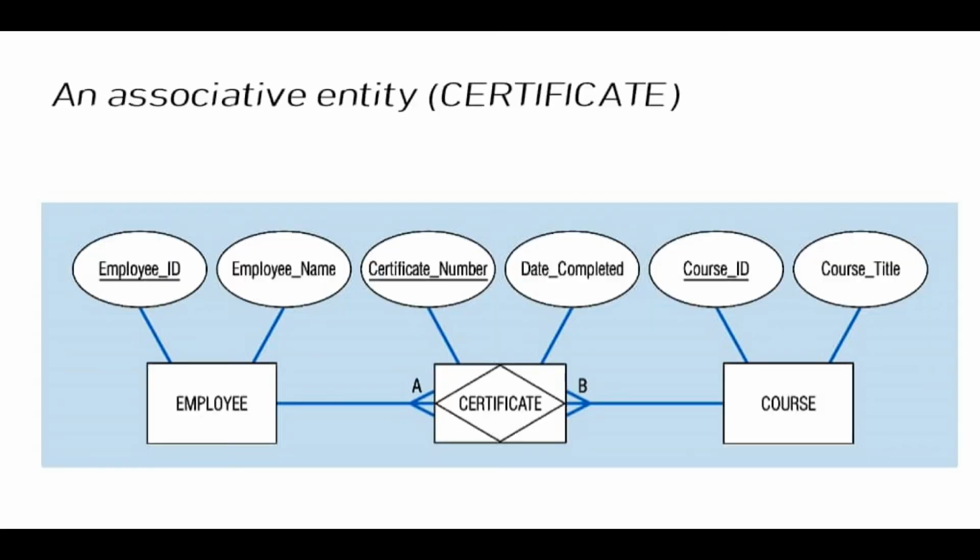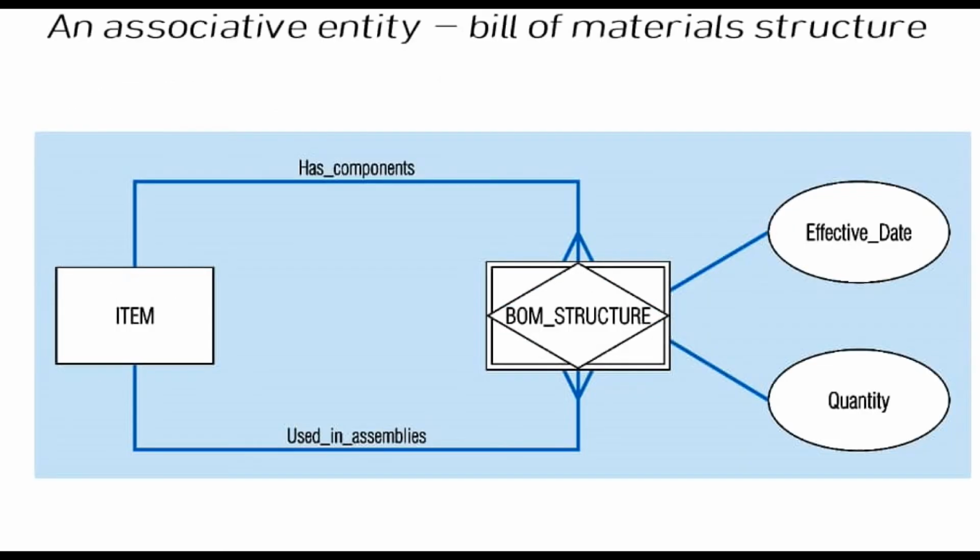Okay guys, I'm going to show you an example of an associative entity, which is certificate. You can see the diagram. An associative entity is involved in a rectangle with a diamond inside. Note that the many-to-many cardinality symbols face toward the associative entity and not toward the other entities.